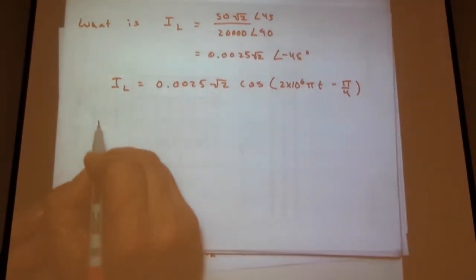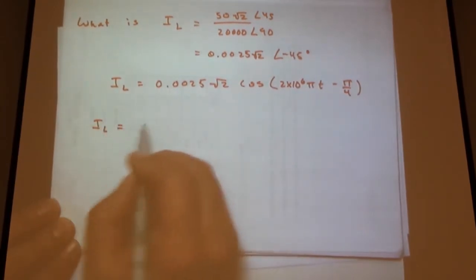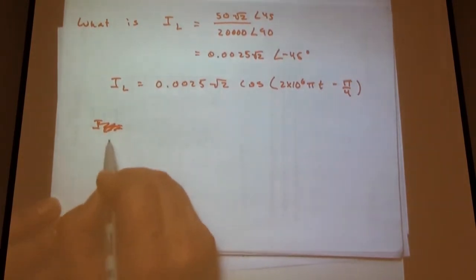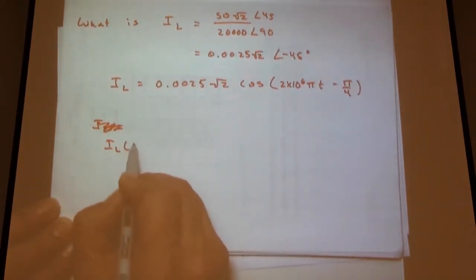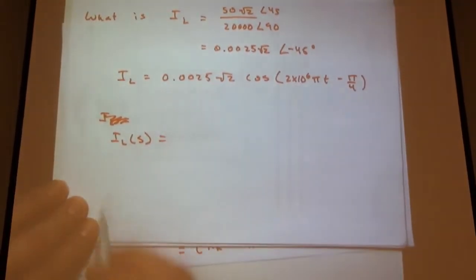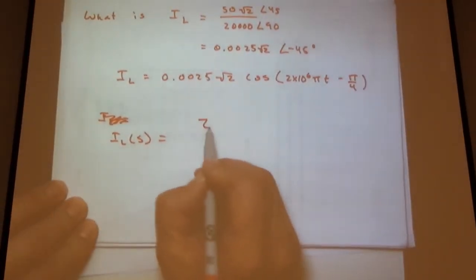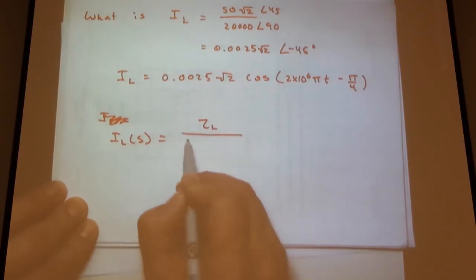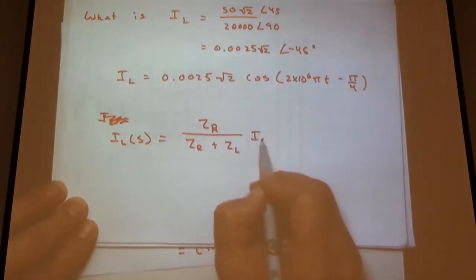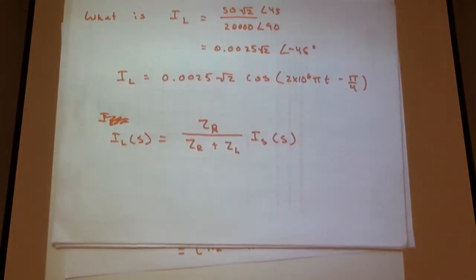And our current divider relationship winds up being IL equals, let's step back a minute. Let's write it as IL of S, because I know you missed that. And so IL of S is ZR over ZR plus ZL times I source of S. Right?